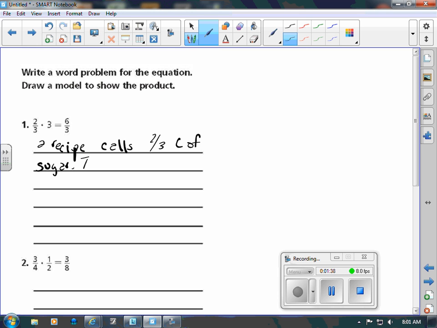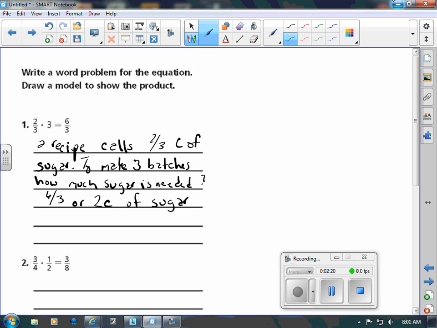So to make, my writing is sloppy this morning, 3 batches, how much sugar is needed? We need 6/3 or 2 cups of sugar.